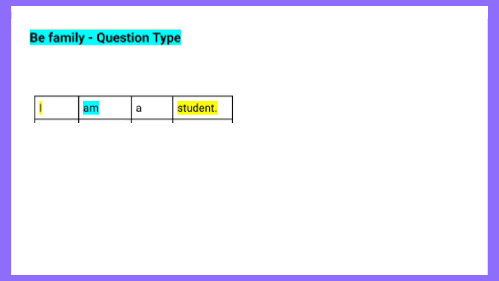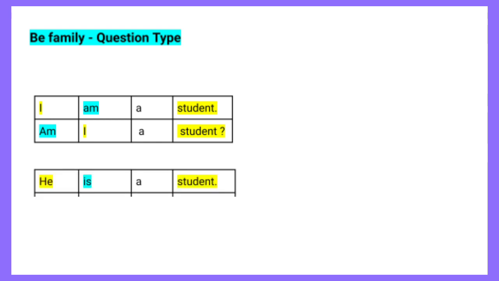Okay, then we discuss be family question type. Okay, a normal sentence, we want to make it a question type sentence. Okay, for example, I am a student. How to make it a question type sentence? Yeah, am I a student? Like that. Okay, I am a student. Am I a student? Like that.